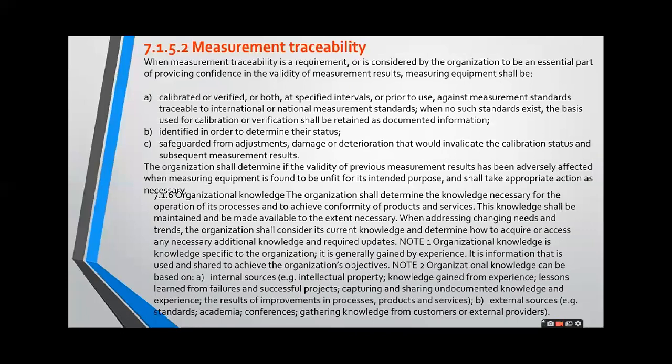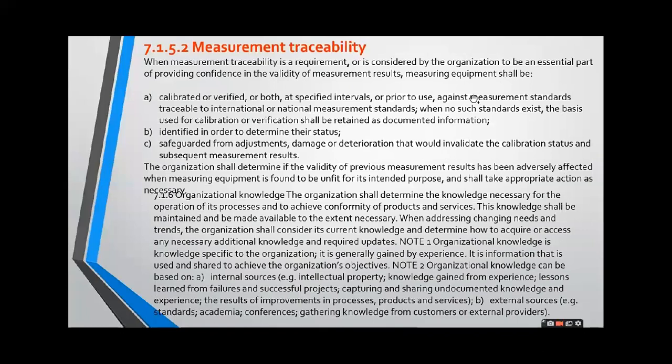So even if it's not required, organizations can choose to implement traceability for greater confidence in their measurements. So when traceability is needed, this clause outlines the specific requirements for managing the measuring equipment.